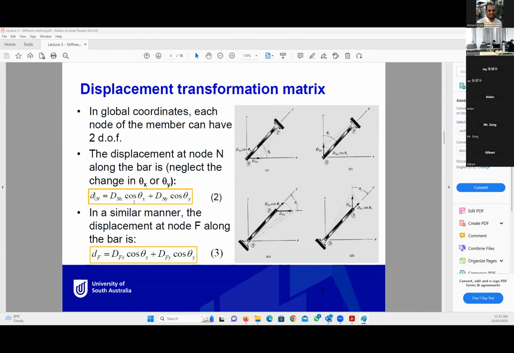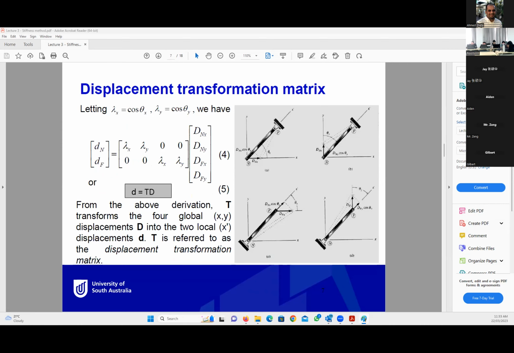Okay, so in a similar manner, if we apply it also at node F, we will have dfx cosine theta x and dfy cosine theta y. Using these two, you can replace cosine theta x with lambda x and cosine theta y with lambda y.